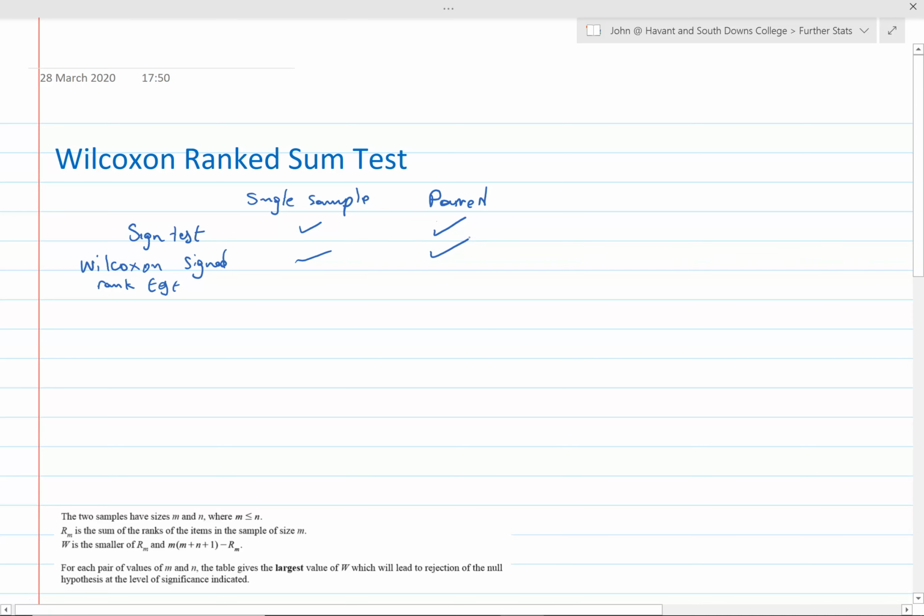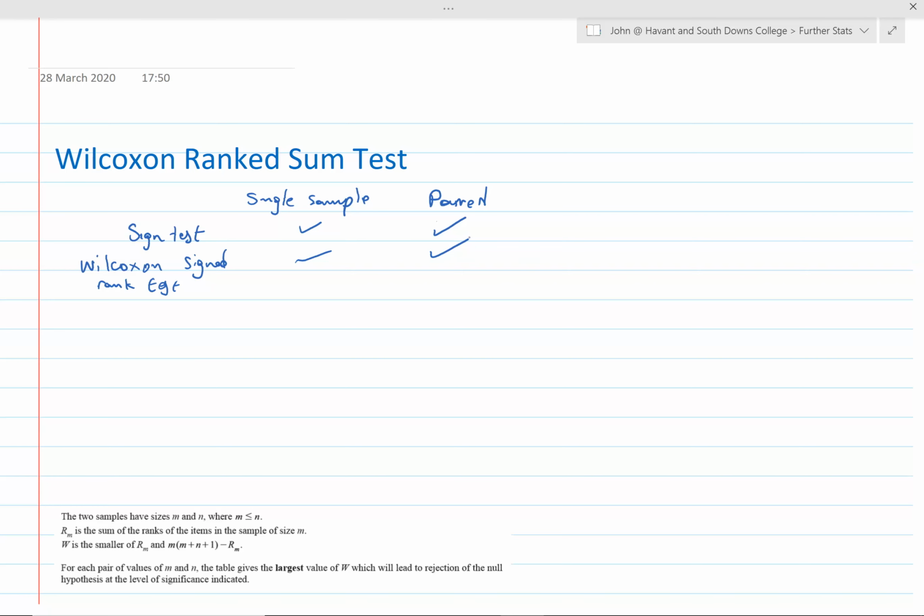where you've got data that automatically seems to go together, like we did an example with golf scores for the same player in bad and good weather, and compared the two, so where they were paired. So those are the tests that we've covered, all non-parametric, so far.